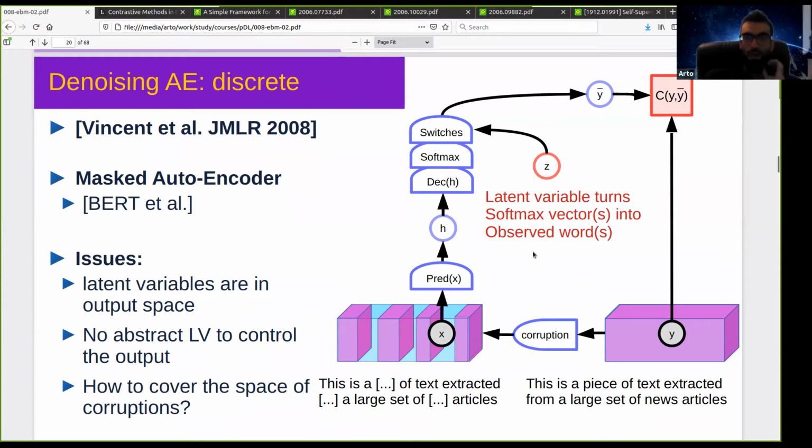So that's why this denoising autoencoding, which works so great for natural language, is not so popular for other applications where it's more difficult to reconstruct the original from the corrupted one in a consistent way.